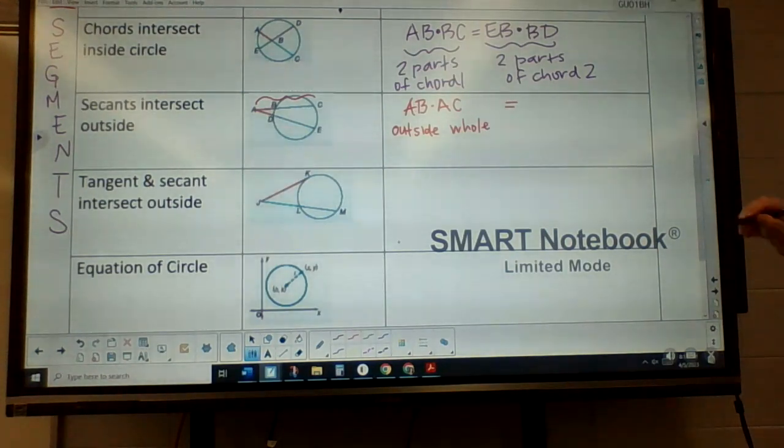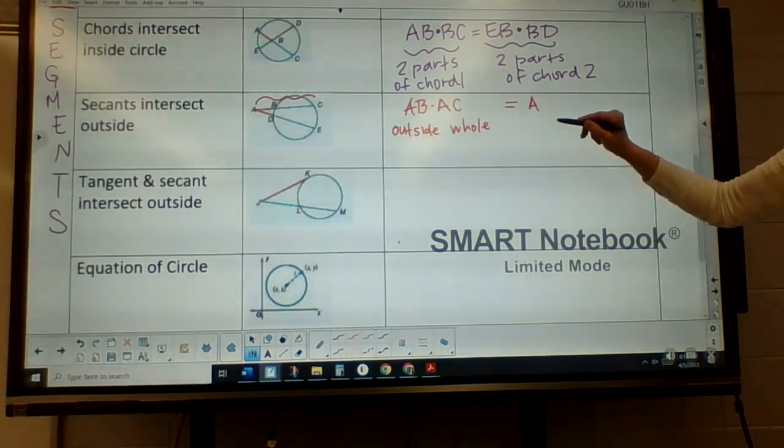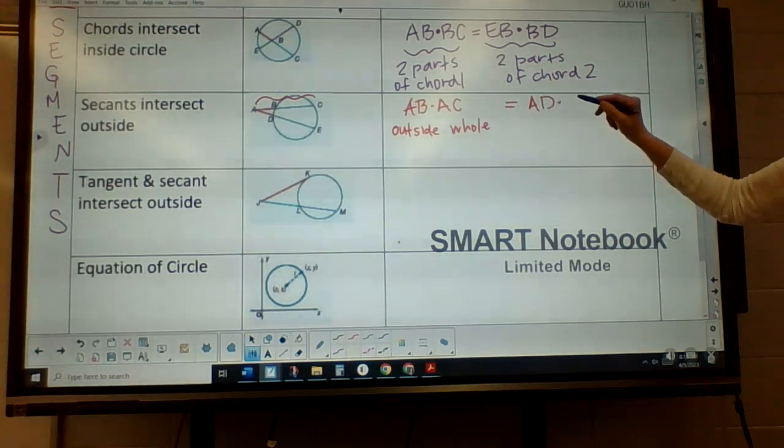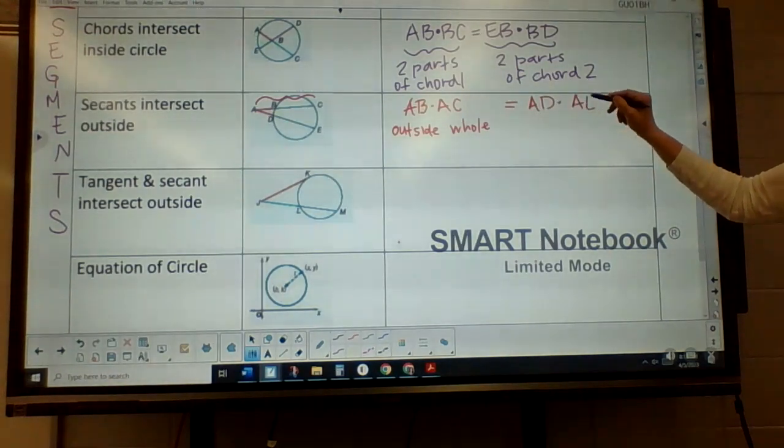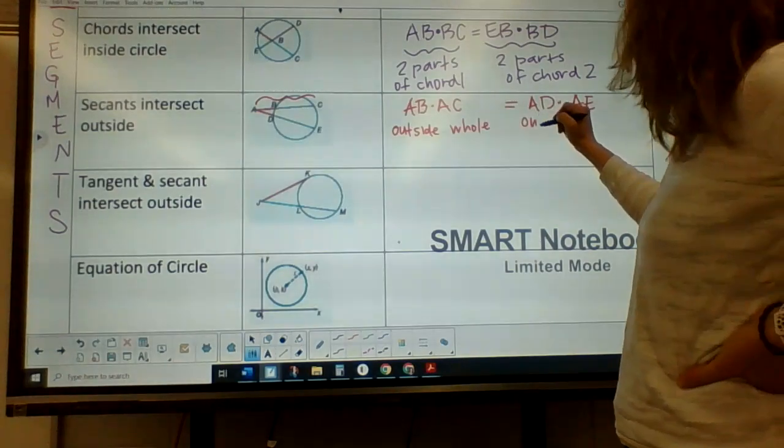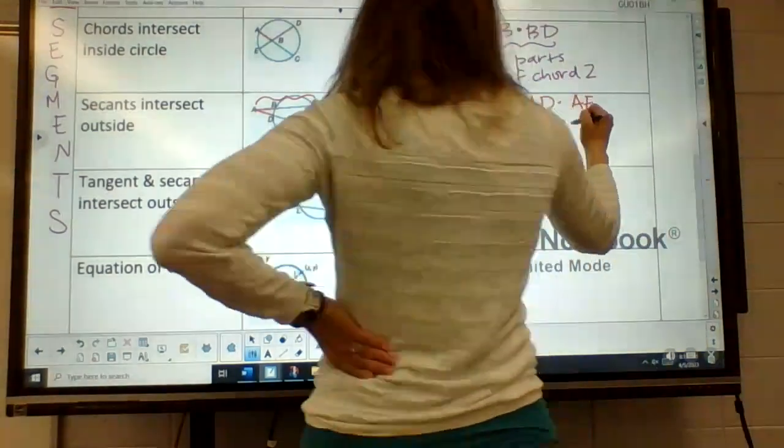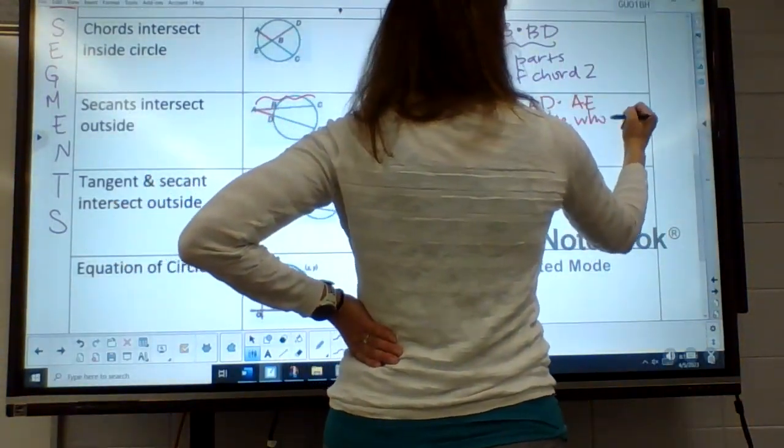And the same thing on the other side, AC, or AD, sorry, gets multiplied by AE.